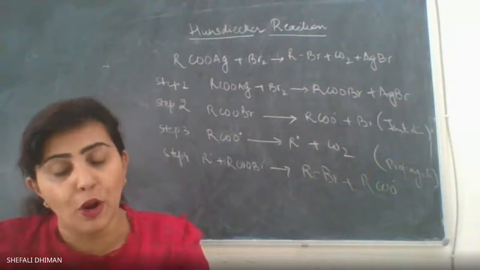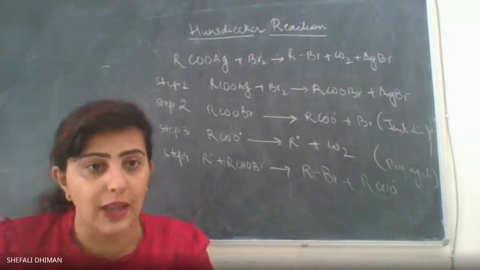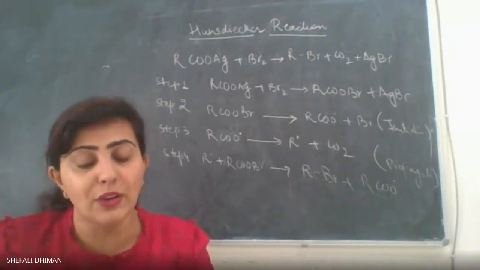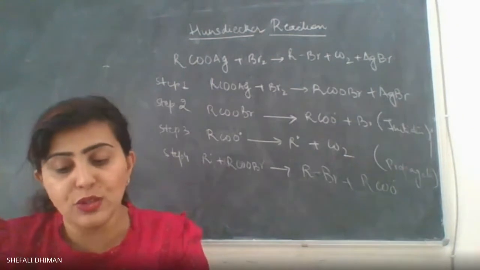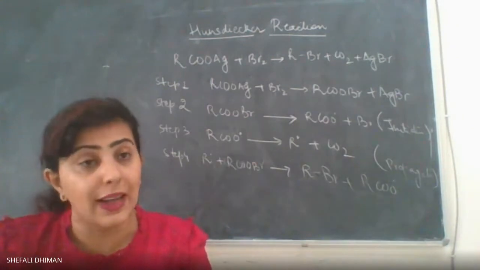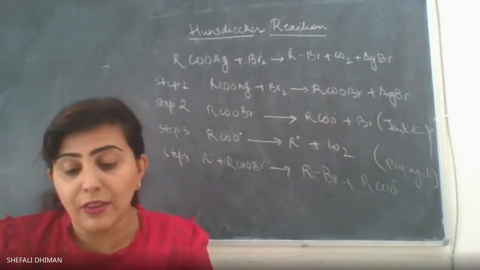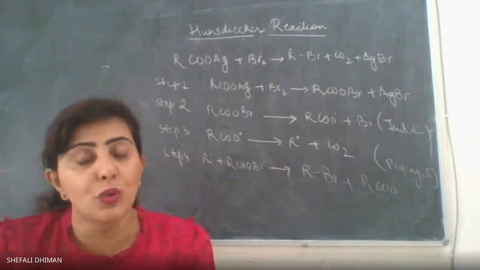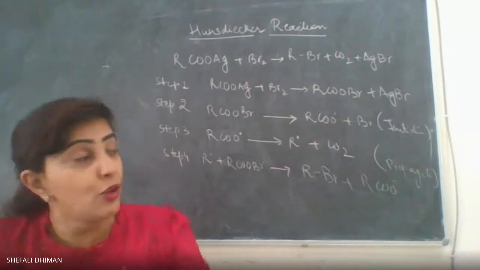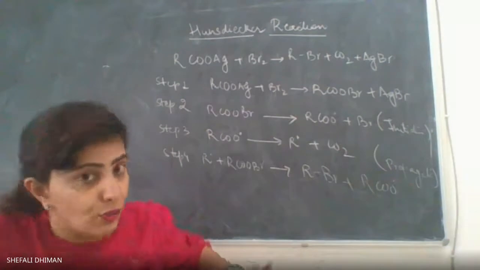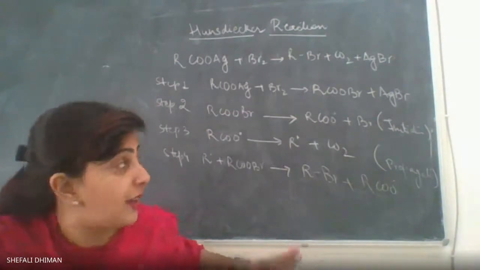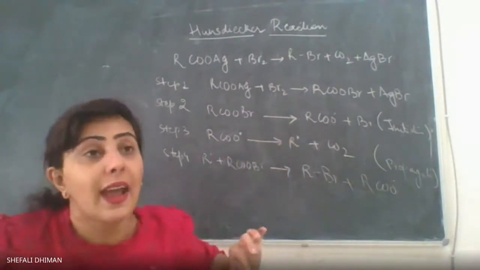But when you take a 2:1 ratio, then you form a product which is not the alkyl halide or the aryl halide, but you form the ester.